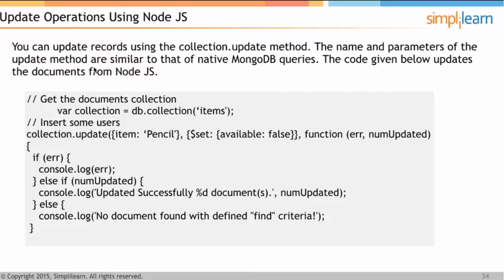Else if num updated is returned, you can print in the log that it updated successfully, as many documents as got updated. And if that also doesn't happen, you put that I couldn't find a document with the given criteria, that is any item which has the item as pencil. Exactly the same way as we used to do in the native MongoDB query.